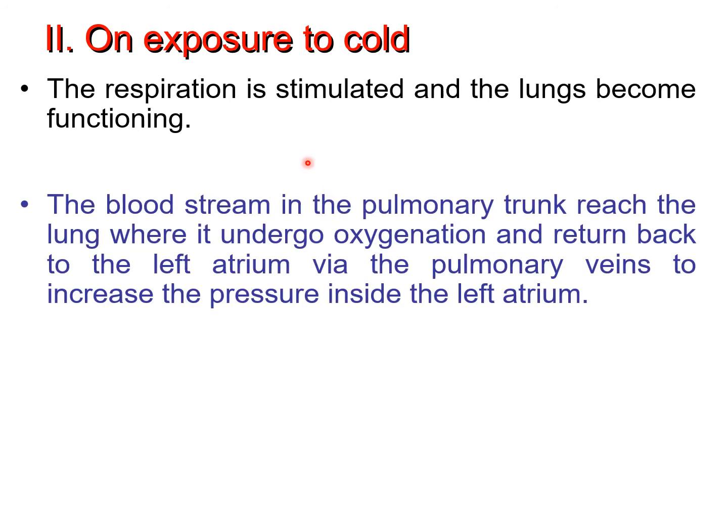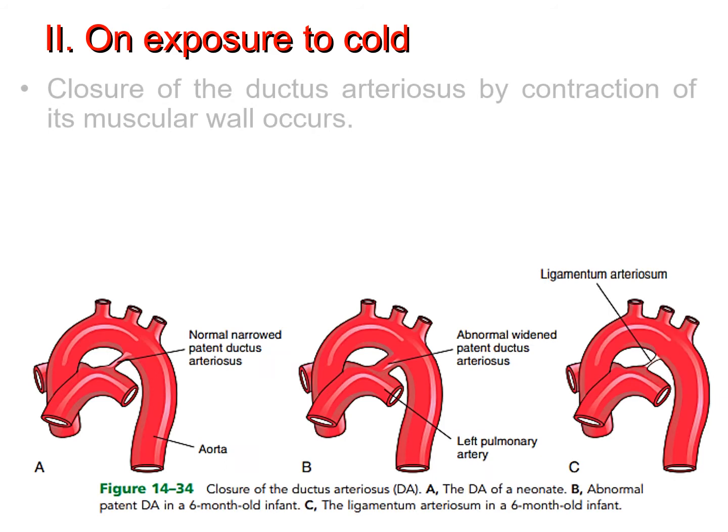Now, on exposure to the cold, respiration is stimulated and the lungs become functioning, as we have discussed. So the blood in the pulmonary trunk goes to the lungs, where it undergoes oxygenation, and returns to the left atrium via the pulmonary veins to increase the pressure in the left atrium, as we have discussed. Due to the pulmonary vascular resistance being lower than the systemic vascular resistance, flow reverses in the ductus arteriosus also.